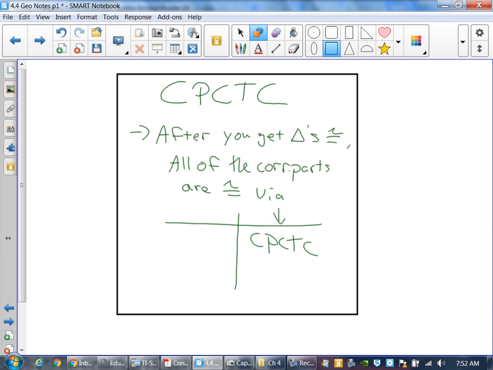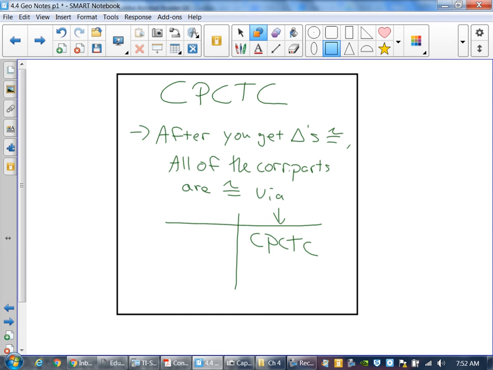So you have to do a little bit more diligent work, but how you do that is by marking your diagrams, looking for one of those five ways to show that triangles are congruent that we've been doing. Nothing of that changes, but this last final step is using this. Okay? So let's look at the problems we have from last night.